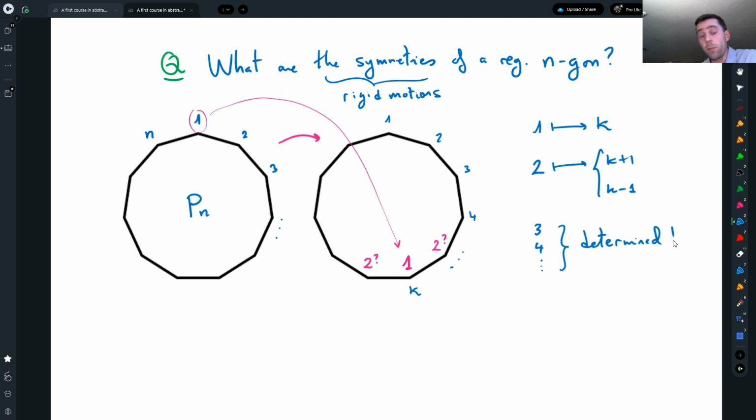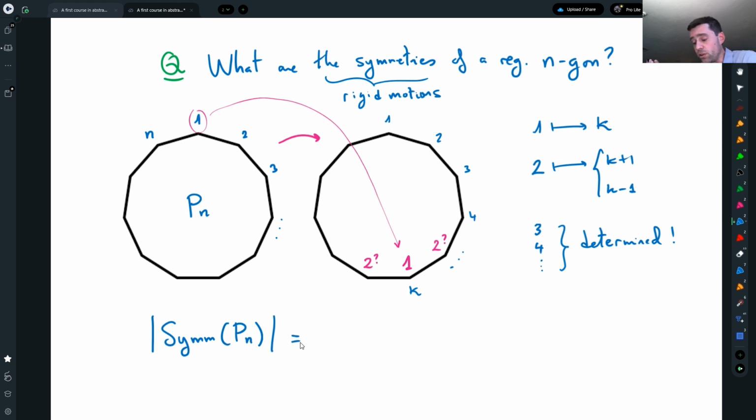Now you can see that if I call these symmetries, we know they form a group under composition. These are bijections of the vertices to the vertices with certain rigid motion conditions. This is what we are going to call the symmetric group of the regular n-gon. And how many elements does this group have?